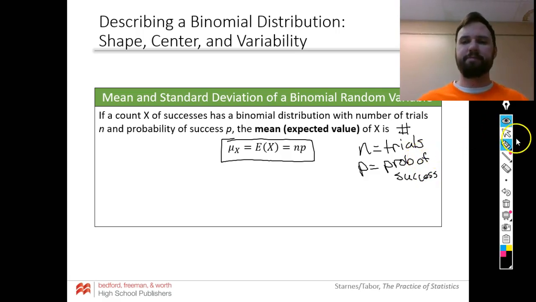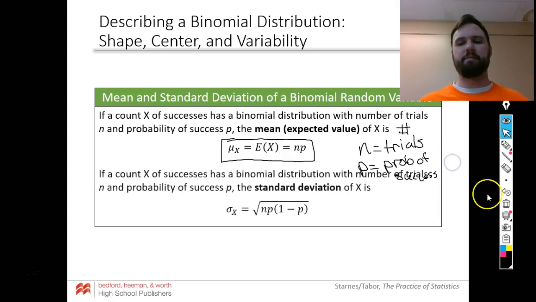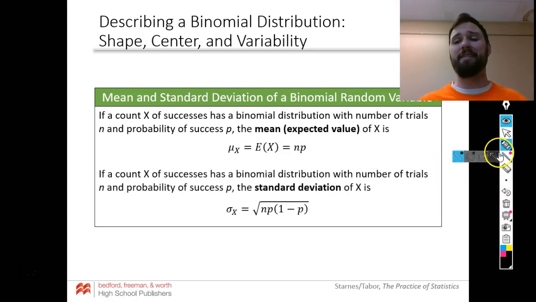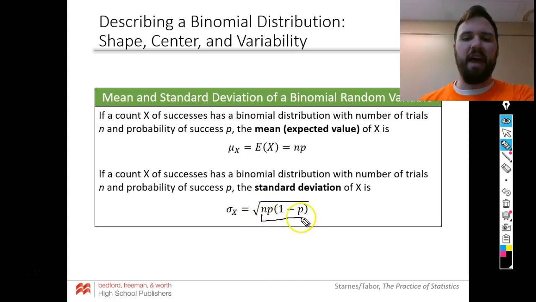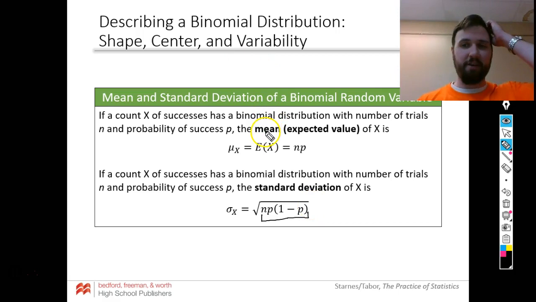Just kidding, y'all. This one's a little bit tougher. These formulas are given to you on the AP test. This one's the square root of n times p times 1 minus p for standard deviation.